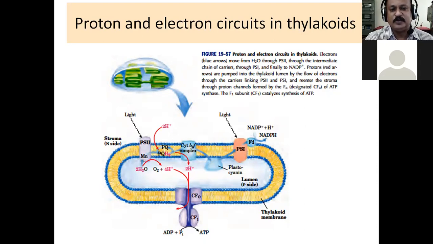Is it clear to you? The electron will not go to the iron sulfur protein and further to ferredoxin in order to generate NADPH, because NADPH is already there in a large supply. But ATP is limiting, and therefore the electron goes back to photosystem 2.